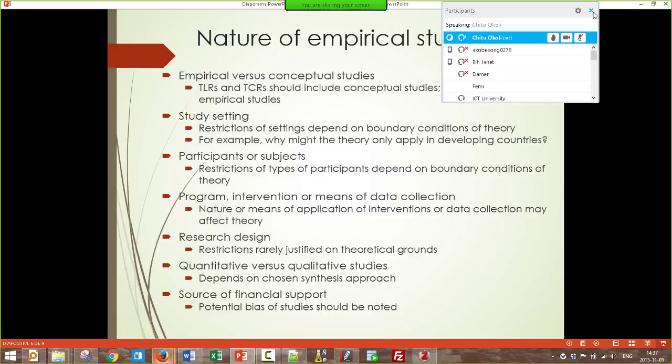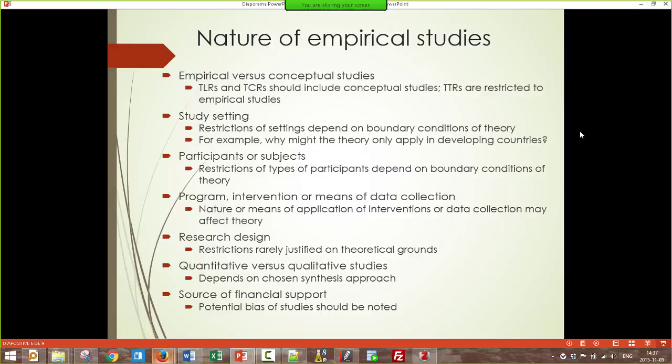Okay, so the study setting is, what is the context? This is where the developing country thing comes in. Are you going to restrict your theory just to developing countries, or is it going to be more general than that? And again, I really don't want you to think just in terms of developing versus developed countries.